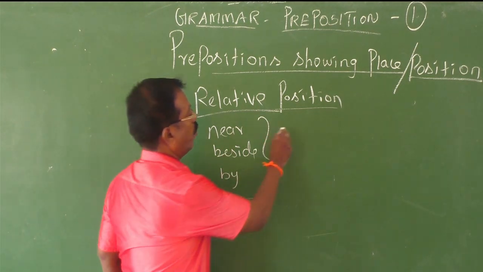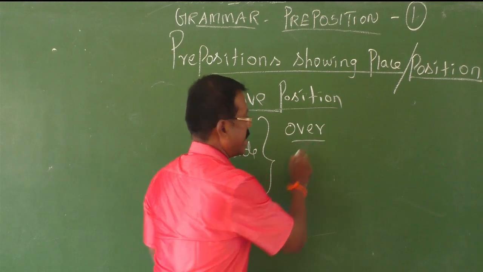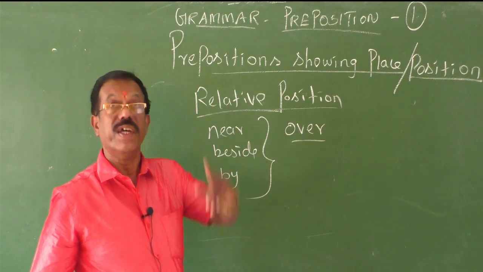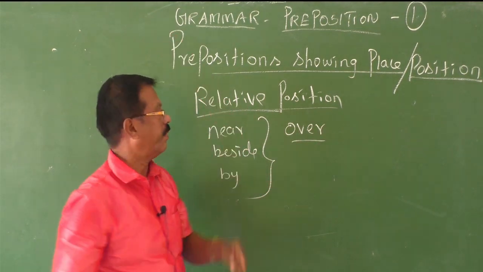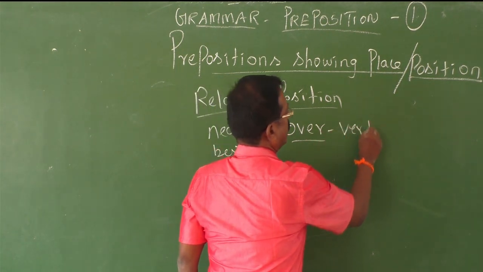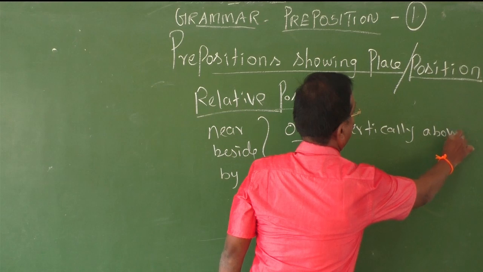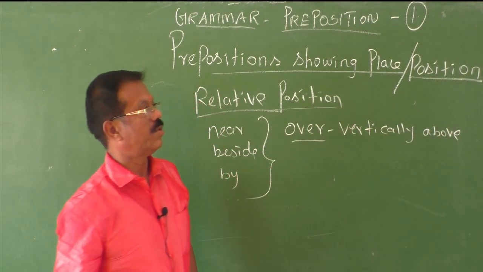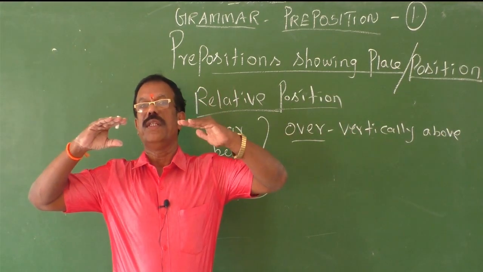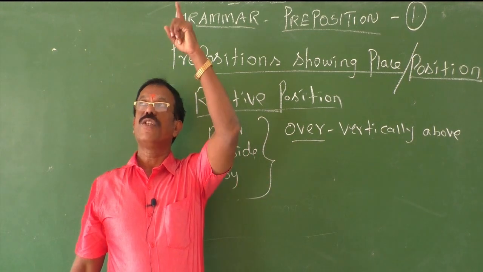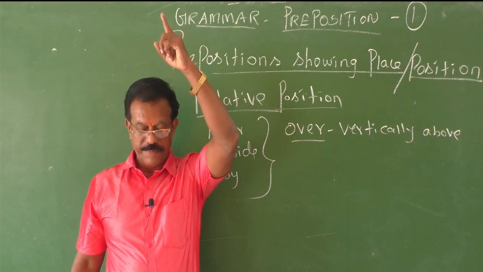Okay. Then over. What does it mean? Over means vertically above. This preposition over is used to refer to the position that is vertically above. There is a fan over your head.